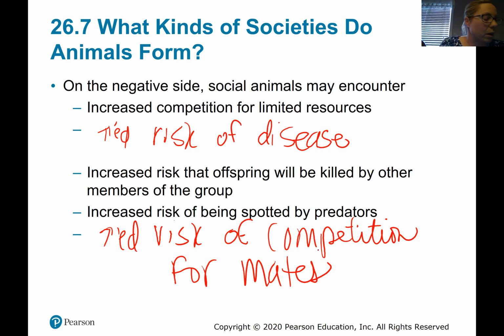Okay, so in order for the society to be beneficial, you need to have the positives outweighing the negatives.